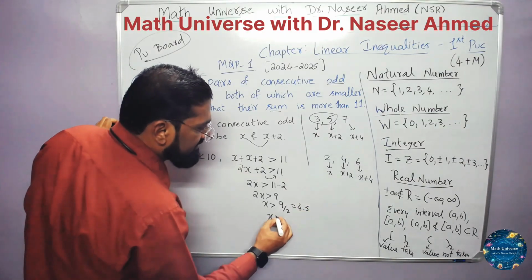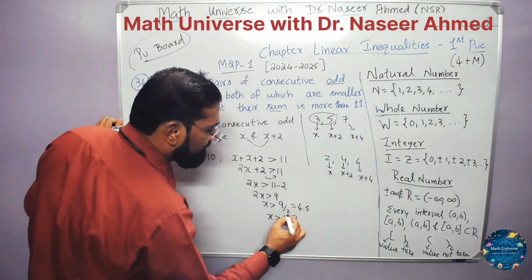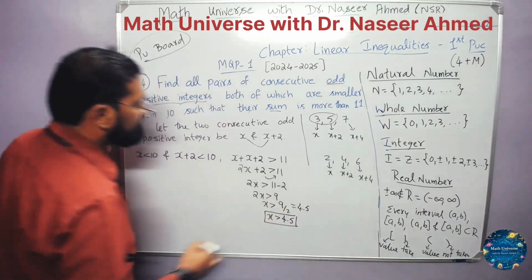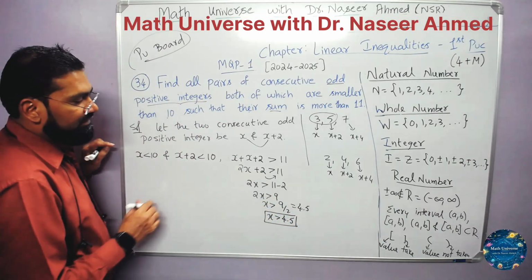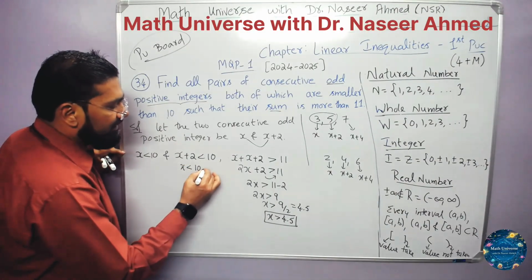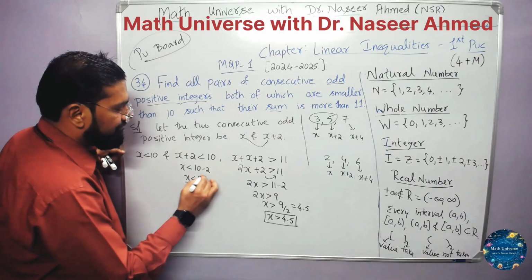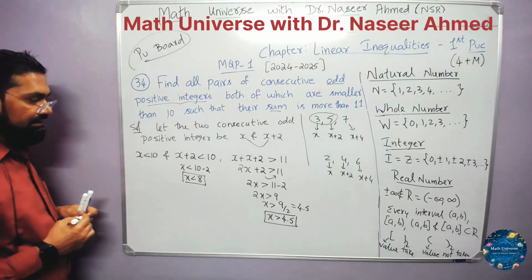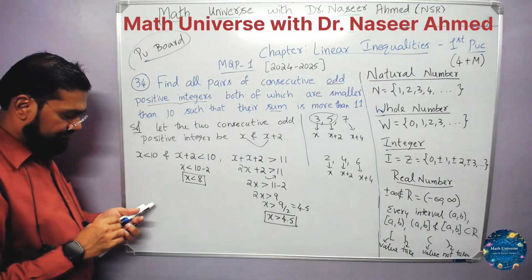So x is more than 4.5. And here, if I solve for x, x will be less than 10 minus 2. What is 10 minus 2? 8.